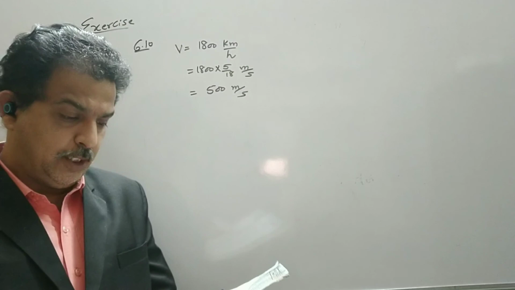So the situation is the plane is moving towards west, and this is my north-south direction. So its wings will be along the north-south.